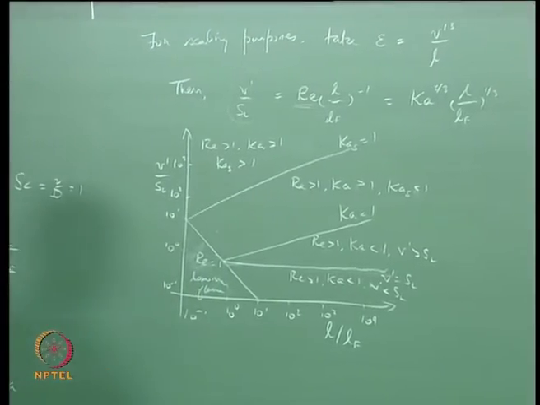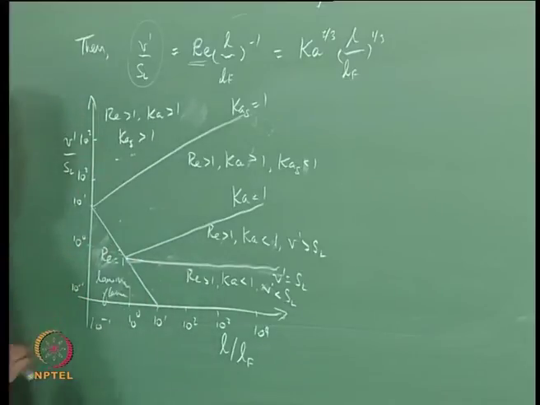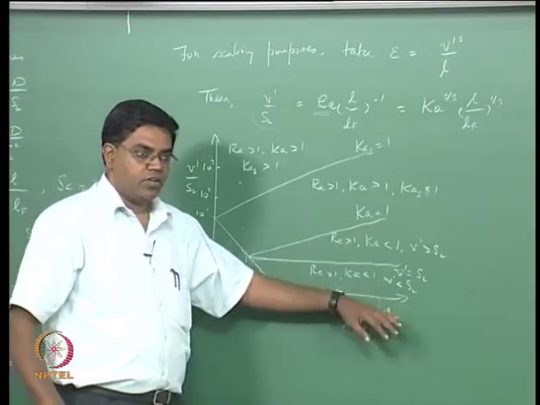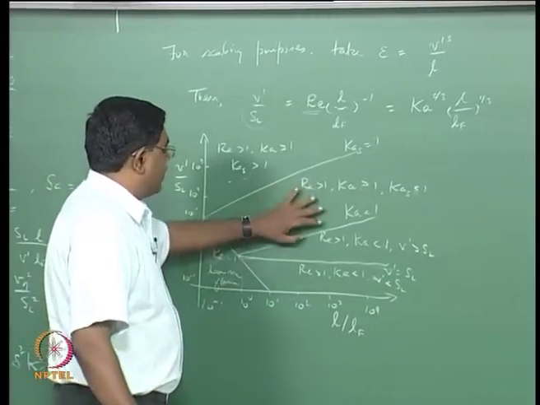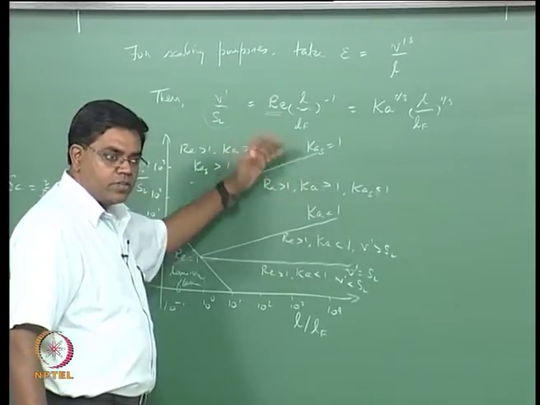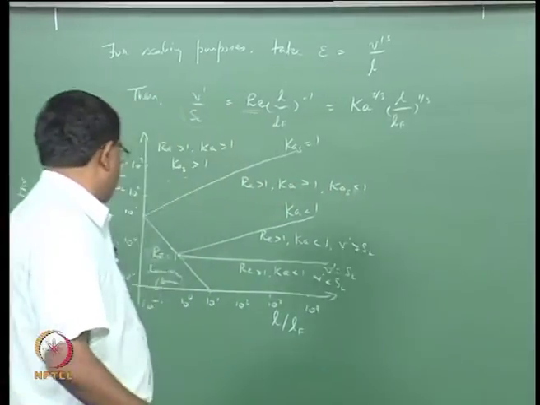So that means we now have 4 regimes marked. Two are based on Karlovitz less than 1, with V prime greater than or less than SL, and when Karlovitz is greater than 1 we still have Karlovitz delta less than or greater than 1. That is how we are splitting this. So what is the significance of doing it this way?